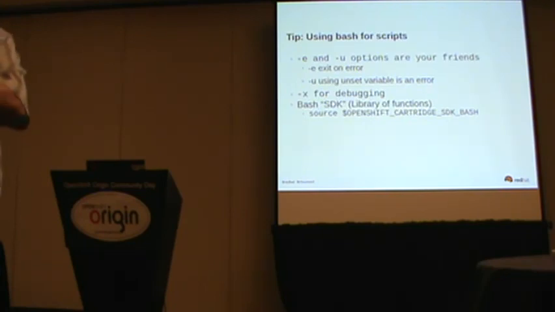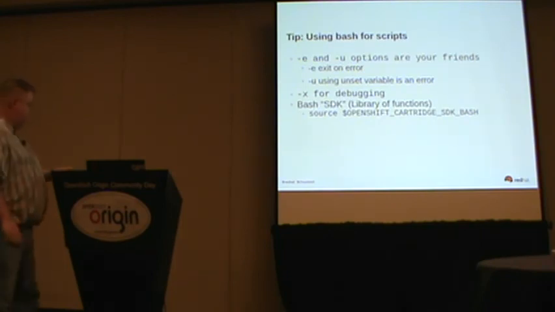If you've never written Bash scripts with -u, it's very powerful, but it takes a little bit of getting used to. Some examples where people do the $ variable with a -c, or is there any value in there? That fails because it's an unbound variable. And if you use the -x for debugging, that will show up in the trace log file that I talked about, so that you can see exactly what's happening in your cartridge run. And then we provide the Bash SDK.